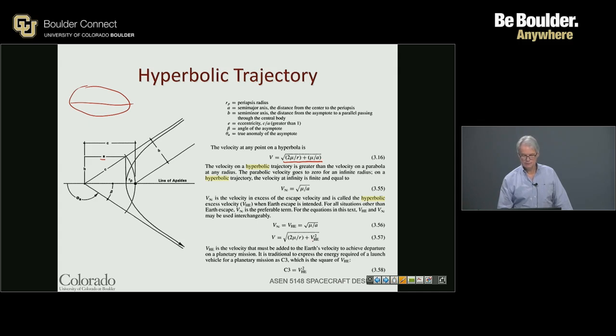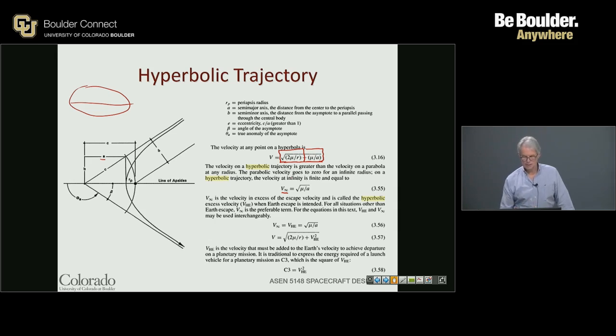So if we look at what's underneath, we can break this up into two pieces. We've got the square root of 2 mu over r, which is just the escape velocity for a particular planet, and then we've got another expression, mu over a. This is the velocity that the spacecraft leaves the closed gravitational system with on a journey to somewhere else.